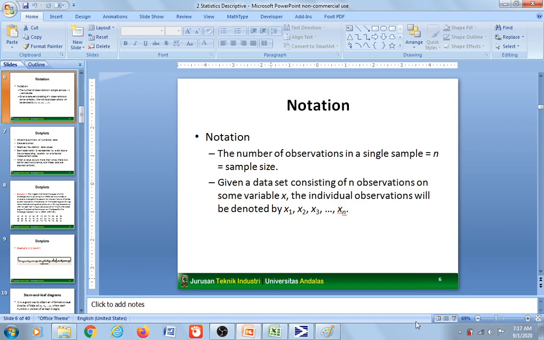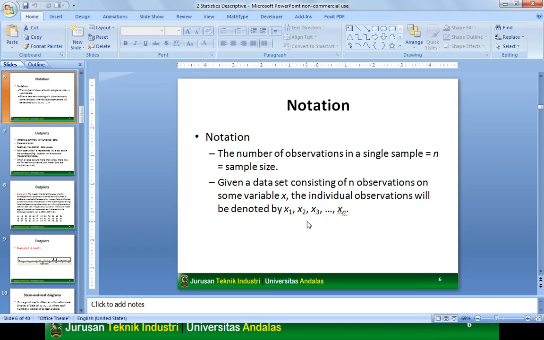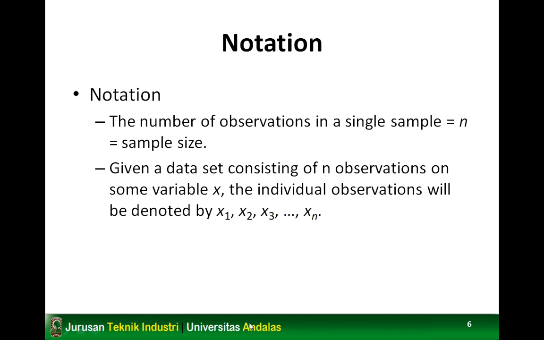Now I'm coming back to the notation. The observations in the sample we label as x. So x sub 1 is the first observation, x sub 2 is the second observation, x sub 3 is the third observation, and x sub n is the nth observation in the sample.